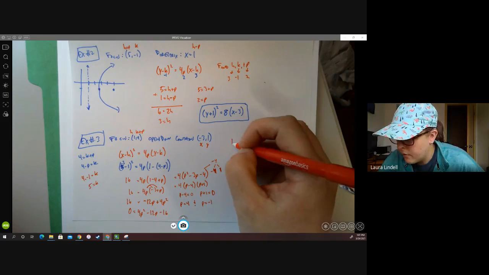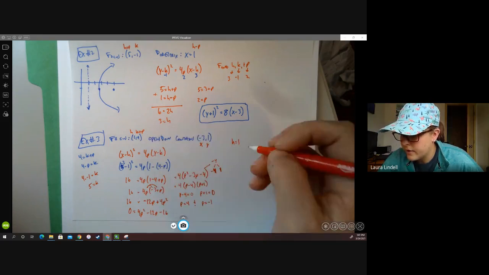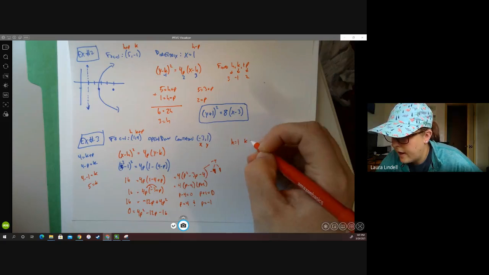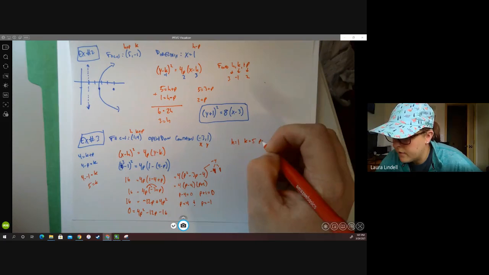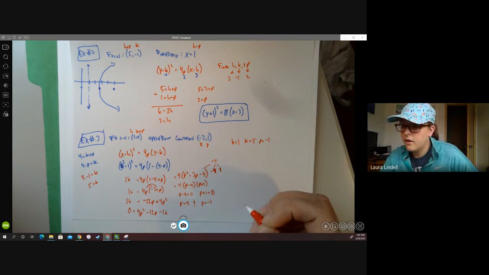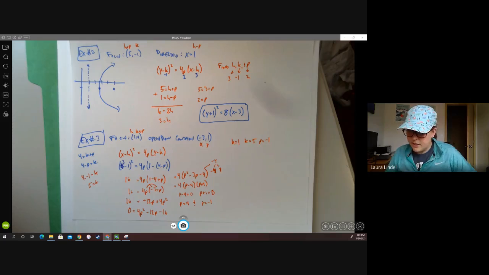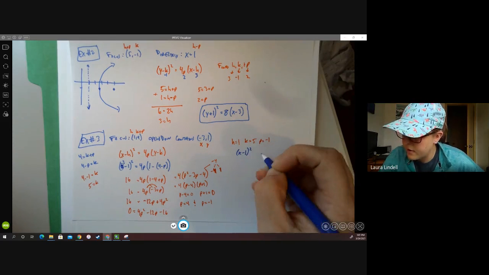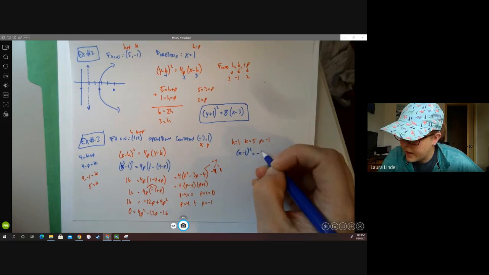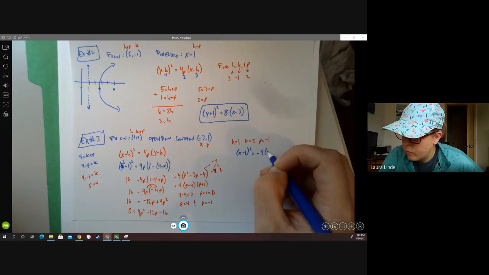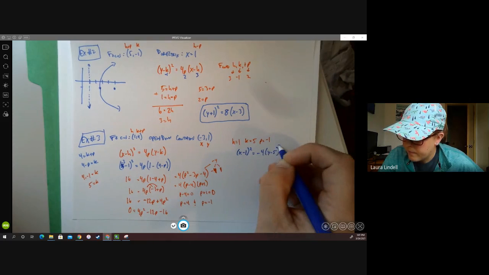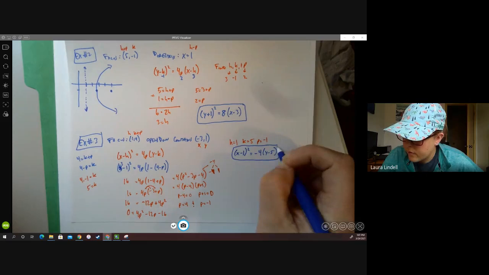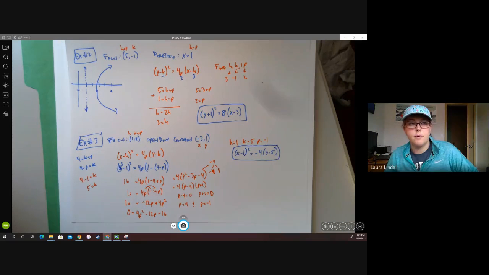So now we know h is 1 from our focus, k is 5 and p is -1. So now I'm going to plug those things in. We get x minus 1 squared, 4 times p is -4, and then y minus 5. There we go.